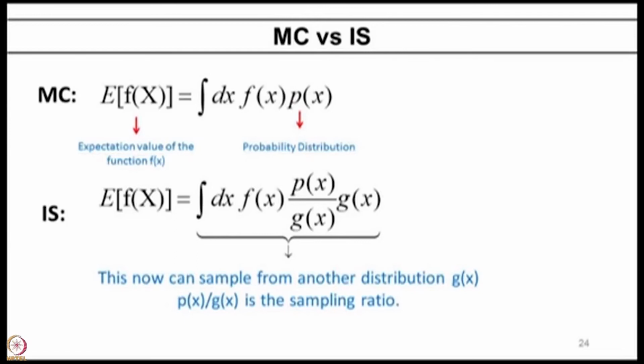You define a new distribution, another one, and you sample from that other distribution. So you write the expectation value as an integration, and you define p(x)/g(x), and as a result the average is over the term f(x) p(x)/g(x), where g(x) is something you have the freedom to choose. So you choose g(x) so that it is not small in the region that you want to probe.